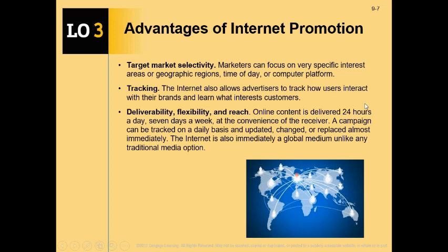And also internet promotions provide deliverability, flexibility, and reach, right? Which is what we talked about earlier. You can adjust a message, you can change your website, your advertisement in real time.